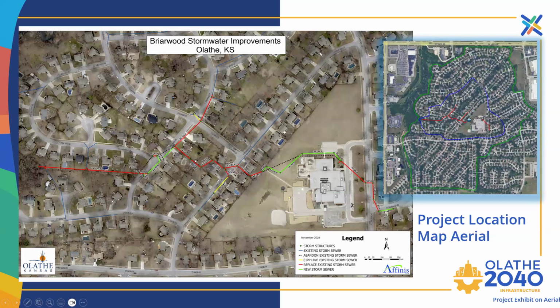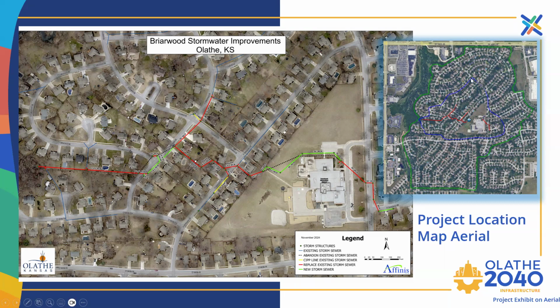So you should now be seeing a couple of project location maps on the screen. North is up. The map in the upper right-hand corner shows the public meeting invitation area in green. This is everybody that was invited to tonight's public meeting. The drainage area for the project is in blue.